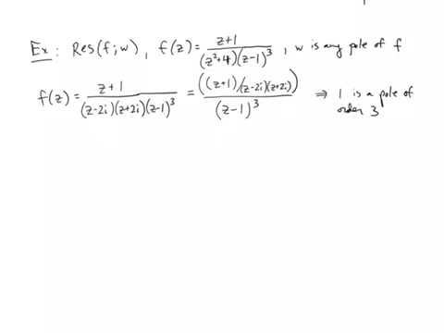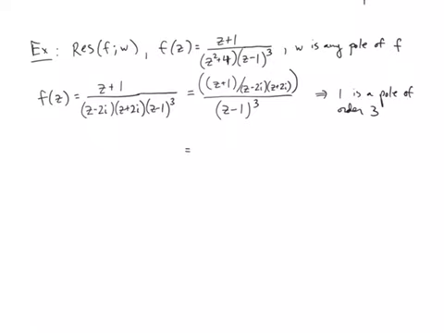Because the numerator is analytic near 1, it has a defined value at 1, and those are just rational functions, and they also don't vanish at 1, so you don't get the value 0. So you have this non-vanishing analytic function in the numerator, and then divided by z minus 1 to the third. That's a pole of order 3.